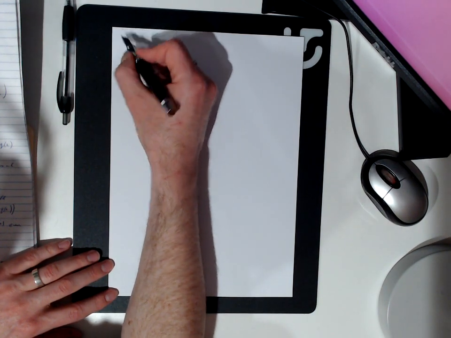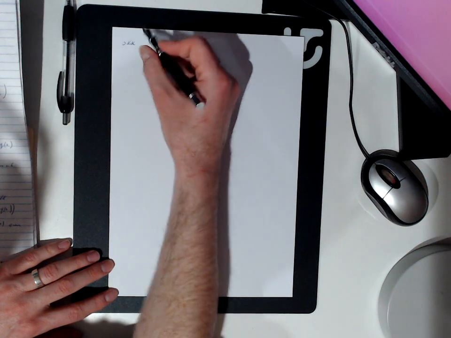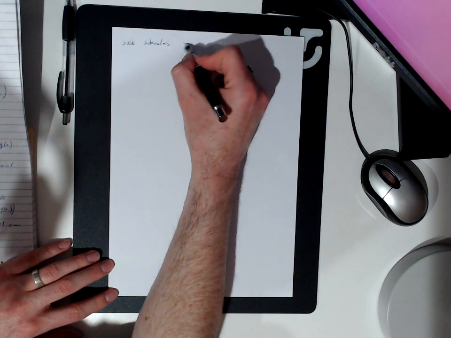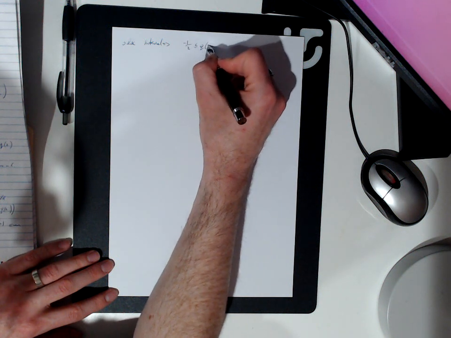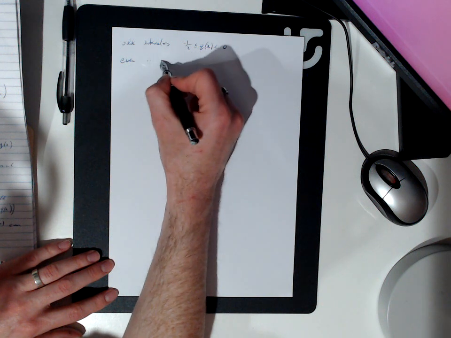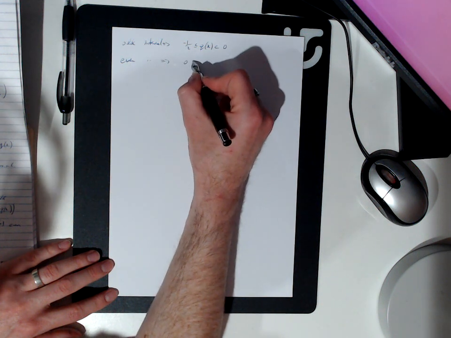So we know that if x is inside an odd interval, our q(x) is built so this is true, and on even intervals we know that this is true.